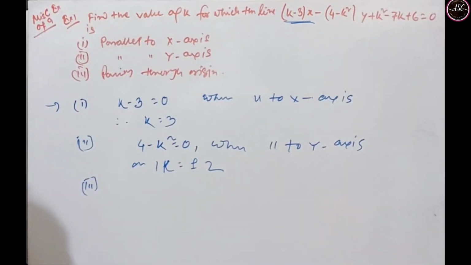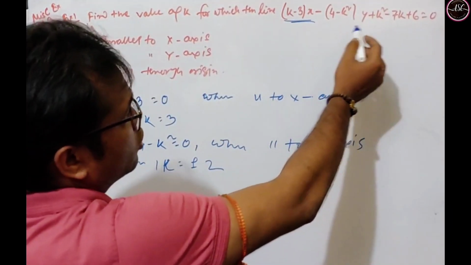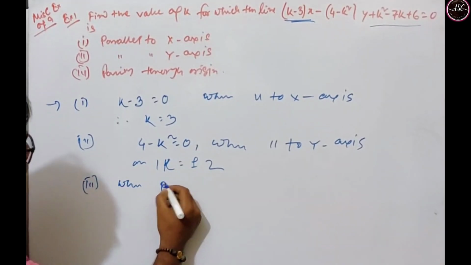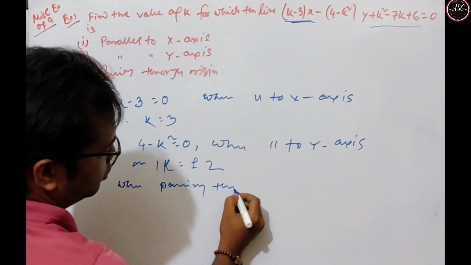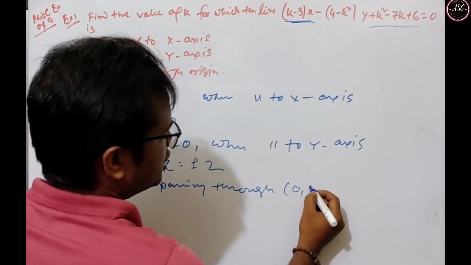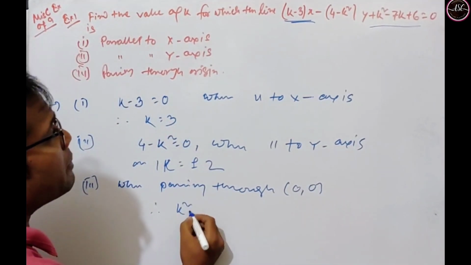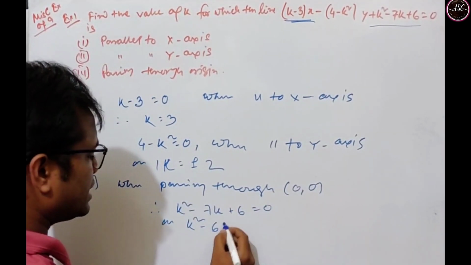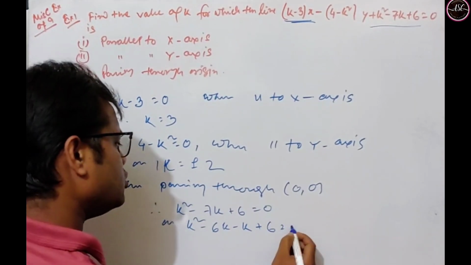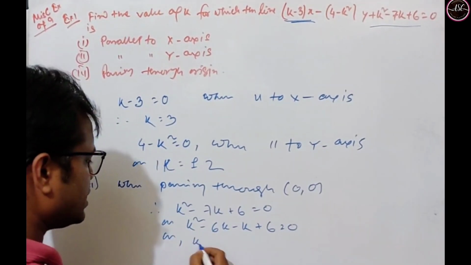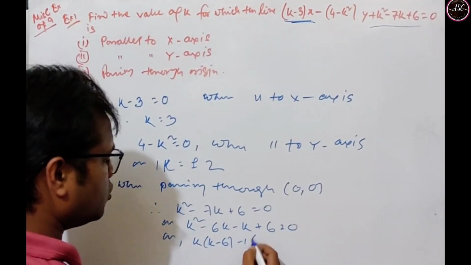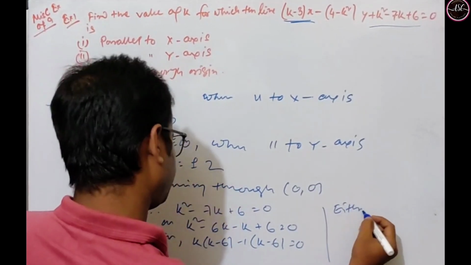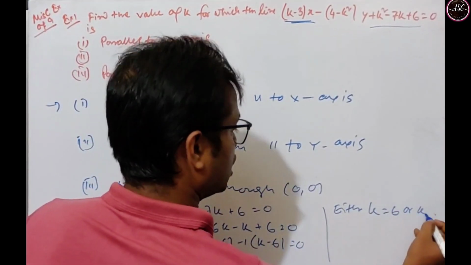So we have this part only. So when passing through (0, 0), k square minus 7k plus 6 equal to 0, or k square minus 6k minus k plus 6 equal to 0, or factoring, k into (k minus 6) minus 1 into (k minus 6) equal to 0, therefore either k equal to 6 or k equal to 1.